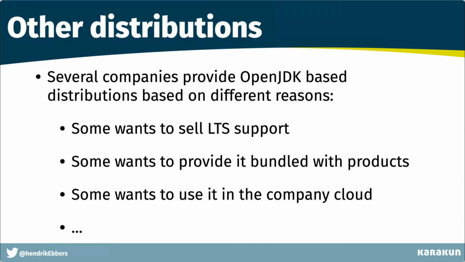And if you really have a need, you can talk with companies that are part of Adoptium, like for example Red Hat or Karakun, if you have some special needs and need some special help, then there's always somebody who can help you. But a classical commercial support, you cannot get that from Adoptium.